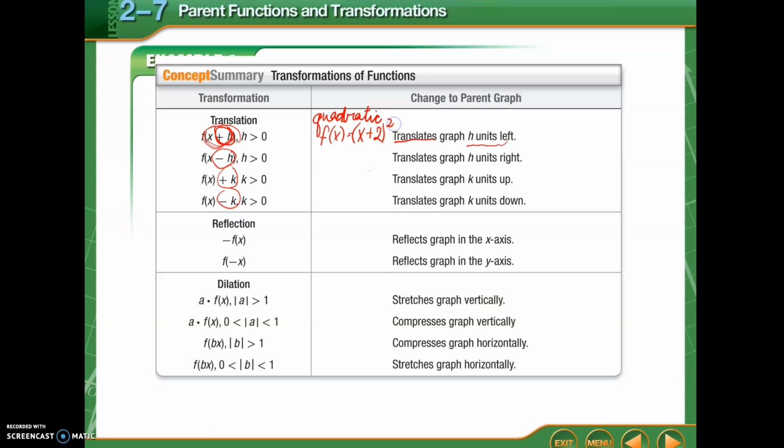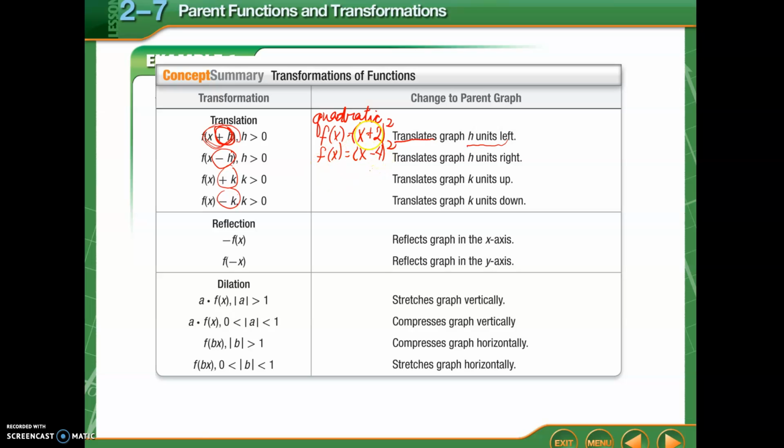What I mean by inside is it's in with the x that is being squared. My parent function is x squared, and I have plus 2 in with that parent function, so that moves it 2 units left. If it was a negative, when it moves left or right, it's kind of opposite of what you think. It would be x minus 4, squared. This would move it 4 units to the right.